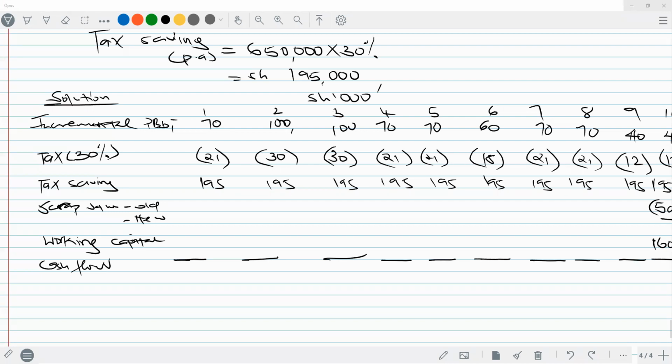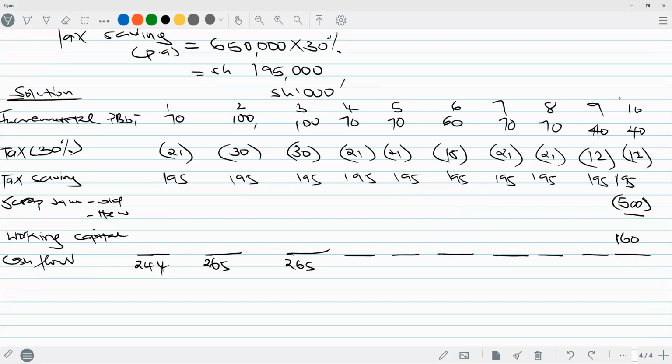We get 244,000. Do it for the entire 9 years. Year 2, you get 265, if my workings are okay. Yes, 265. Year 4, it remains at 244.